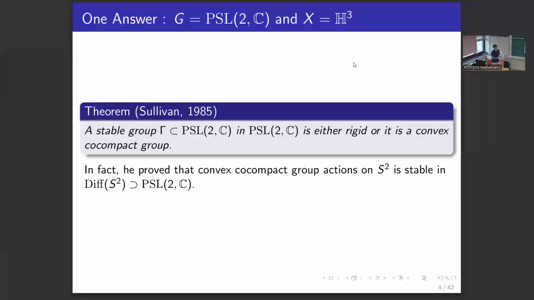That means that if you have a convex co-compact action on hyperbolic 3-space, you can think of it as an action on the 2-sphere. And also you can perturb the action a little in the diffeomorphism group of S2, and you still have an injective homomorphism.